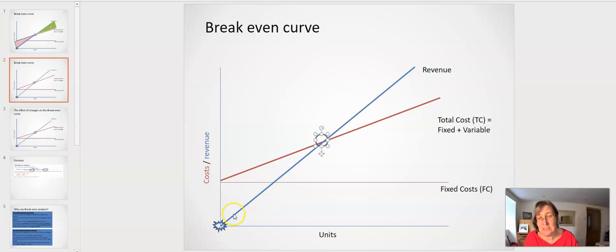See, the diagonal line becomes steeper when the revenue is higher.